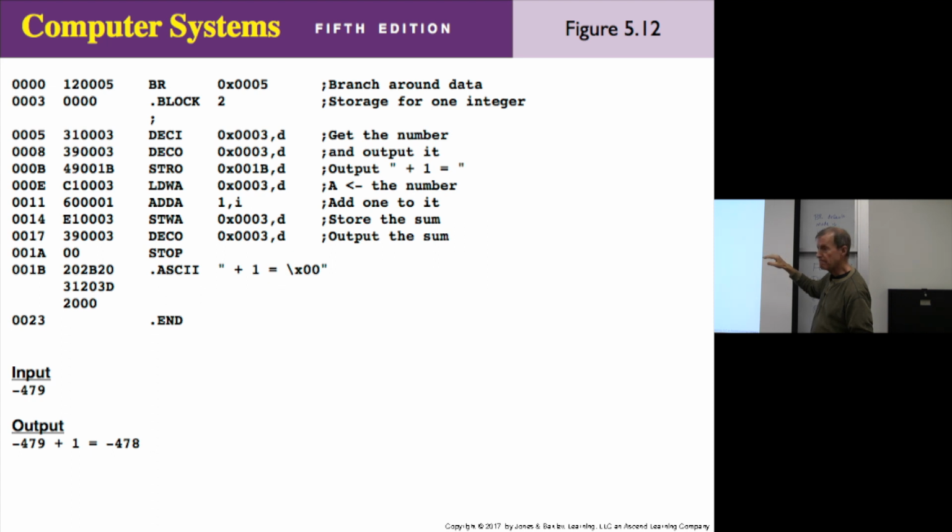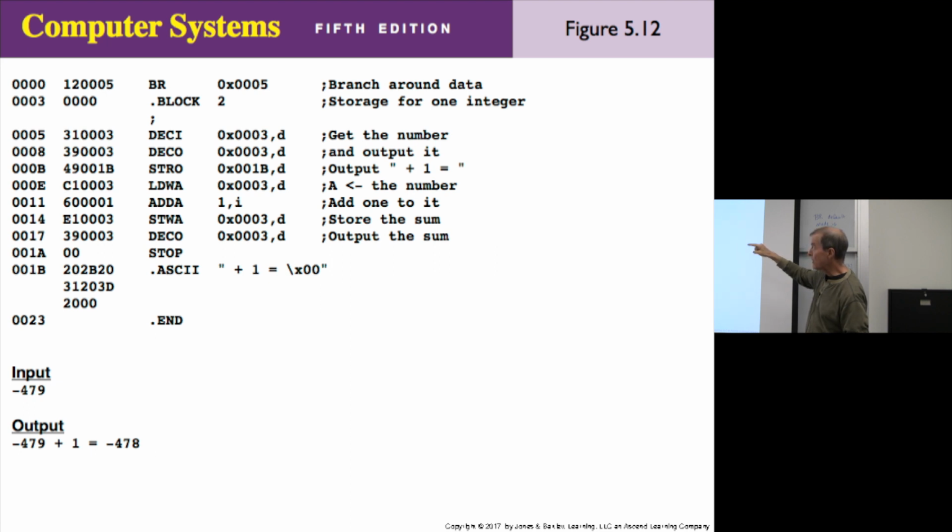String output. Now this string output says string output from where? 001B. 001B using what addressing mode? Direct. So that means 001B is an address. Is everybody clear on that? Because it's direct addressing, 001B is an address.